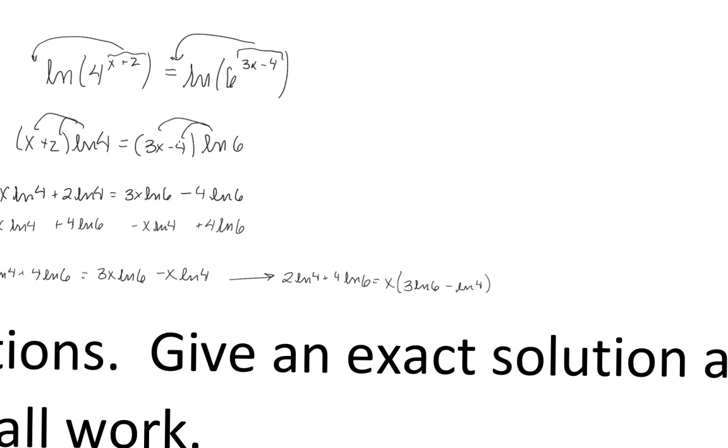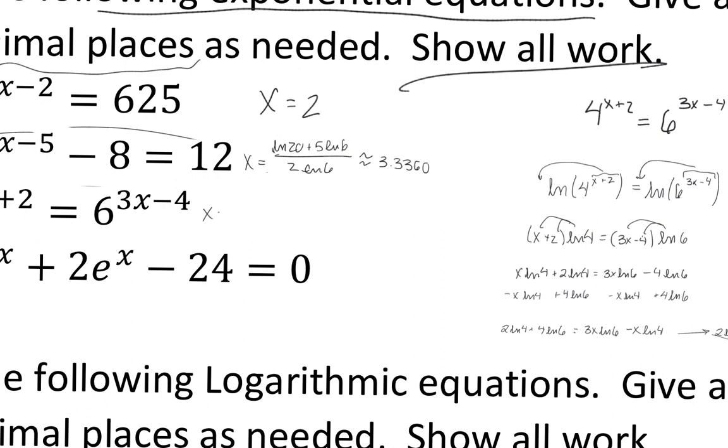Now the last thing to do is notice that we have x times this whole expression. If we want to get x on its own, we need to divide that all over. So I'm just going to divide everything by 3 natural log 6 minus natural log 4 to give us that x is equal to 2 natural log 4 plus 4 natural log 6 over 3 natural log 6 minus natural log 4.